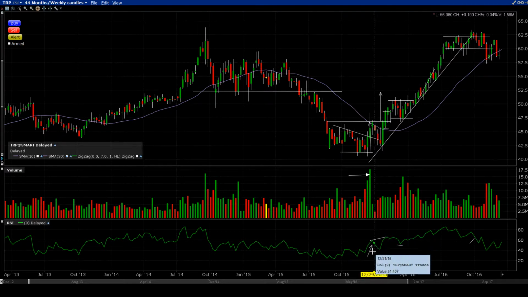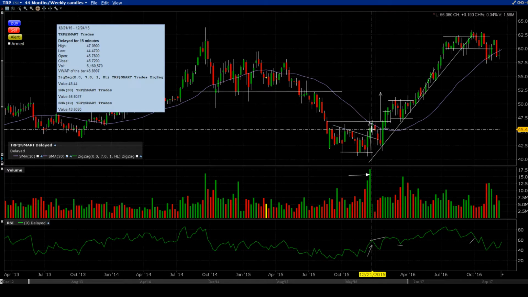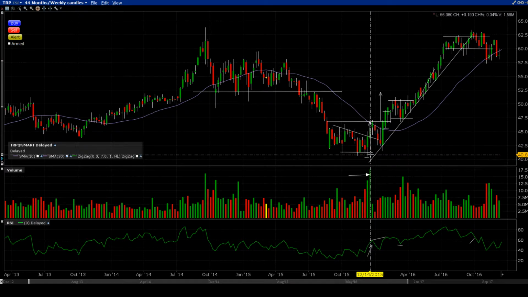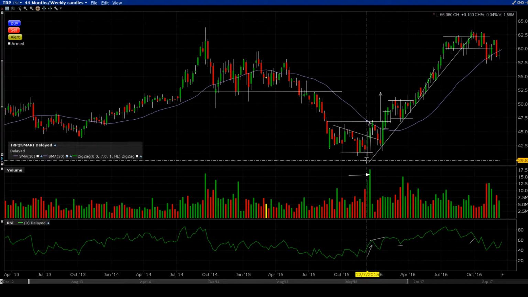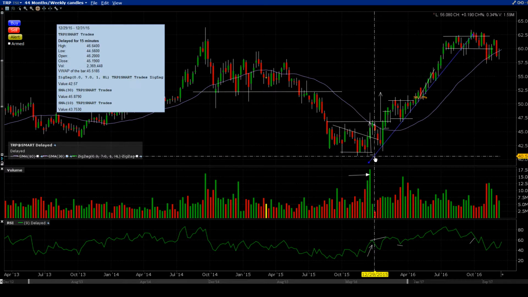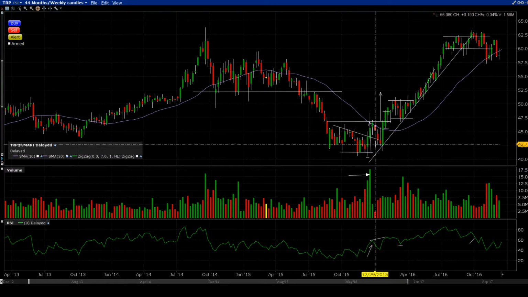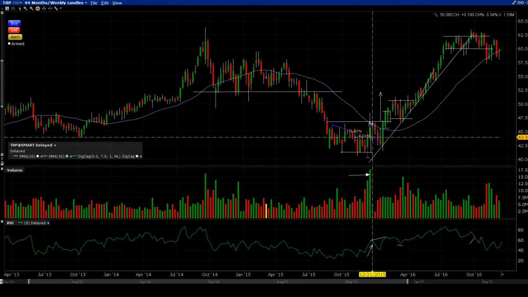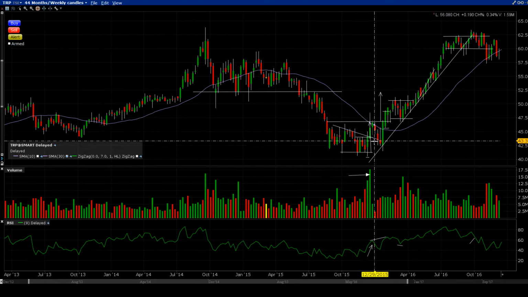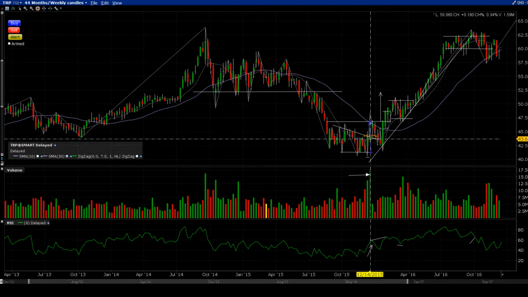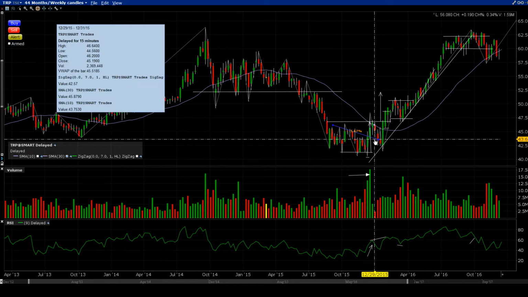But so right here, this could have been the breakout. And investors would have put their sell stop below the move, below the support, probably below the lowest candle here, and traders would have put it 4 to 6% below the breakout line. And again, 4 to 6%, but that might change, right?